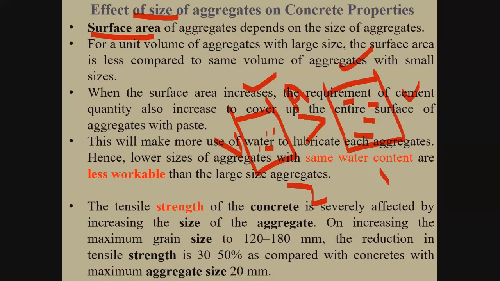Now, if the surface area is more, then there will be a need for more cement in order to cover these surfaces. That will create economic problems, because more cement means more cost.